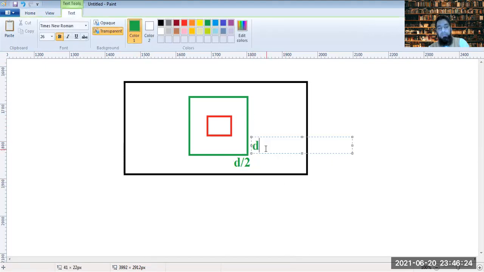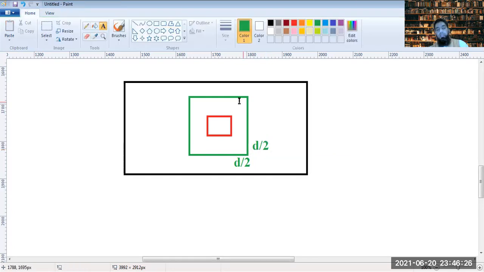Now that d by 2 is from here up till this point. It's from here up till this point. Similarly here and here and here and continue. So you have a circumference or a perimeter about which the two-way shear, the punching shear, is acting onto this section.